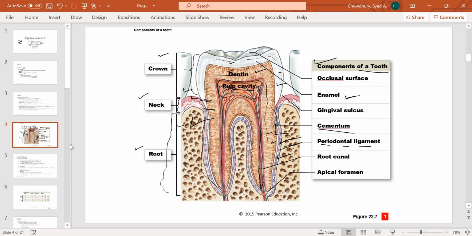So that ligament, called the periodontal ligament, attaches the root to the bony socket. Okay, so those are the parts. So two things you have learned here: the three parts, right? And the structures in a tooth.